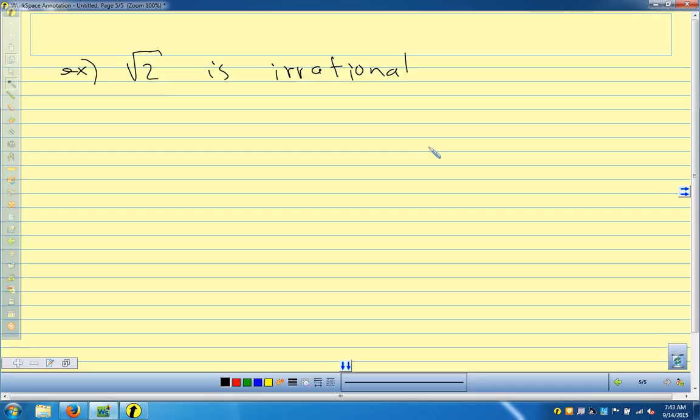First off, let's remember what we mean by a rational number. What's a rational number? A fraction of two integers. So rational number means we can express it as a fraction of two integers. We're going to do a proof by contradiction. So assume that square root of 2 is rational.